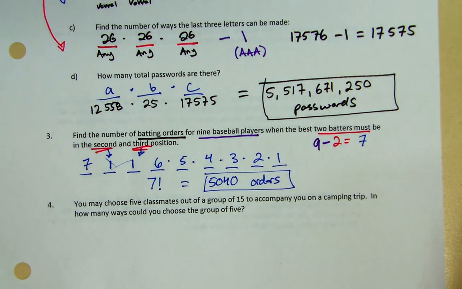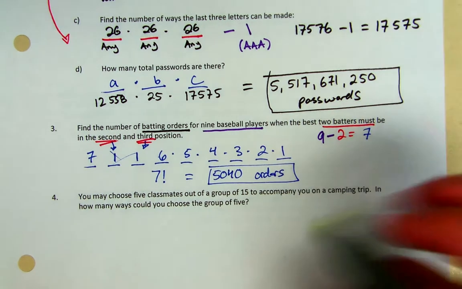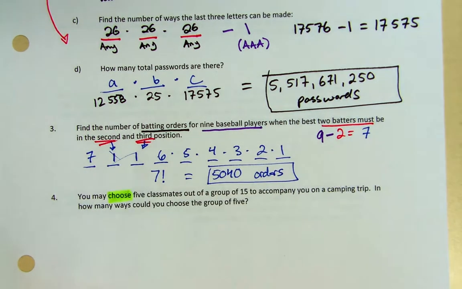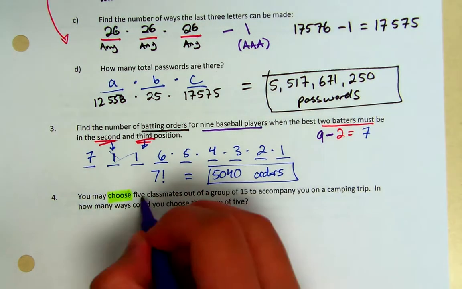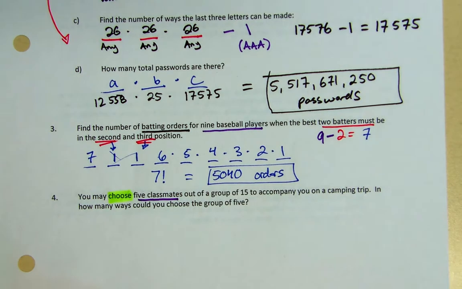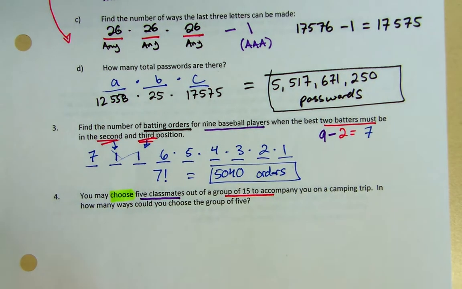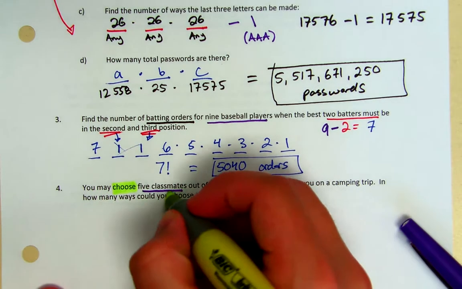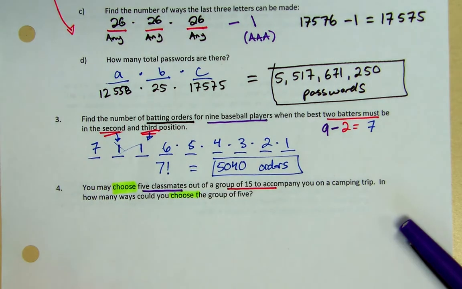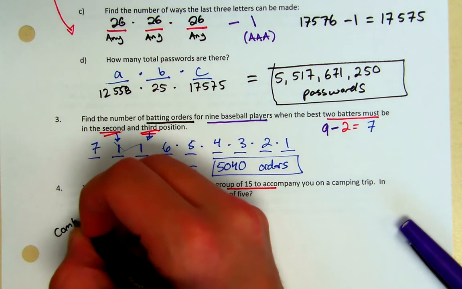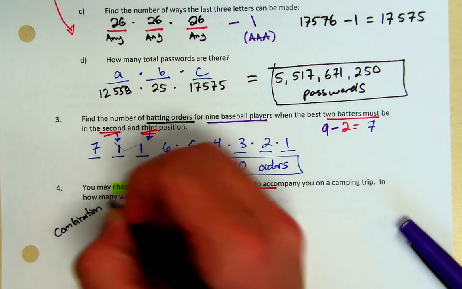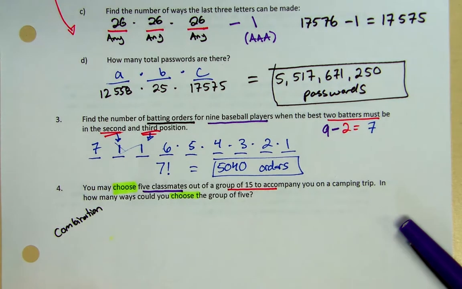Alright, next one. You may choose 5 classmates, choose being a keyword here, out of a group of 15 to accompany you. How many ways? Again, here's that word choose. This is telling us we have a combination. How many do I have?